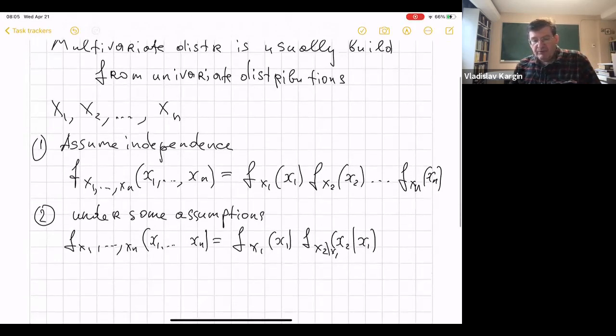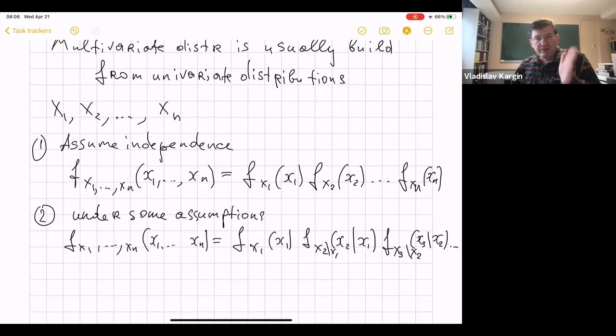Let me write it one more way. You write that this is equal to the product. Now you assume that you observed two of them, and the third one will depend only on the second one. So you multiply by x3 given x2, given that you already know x2.